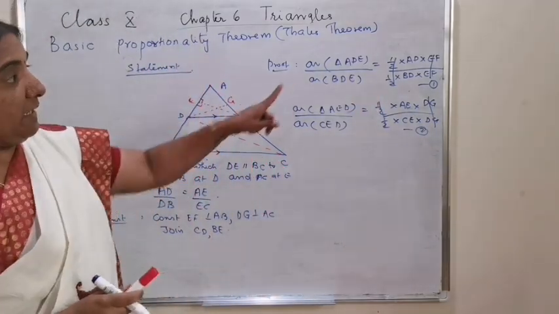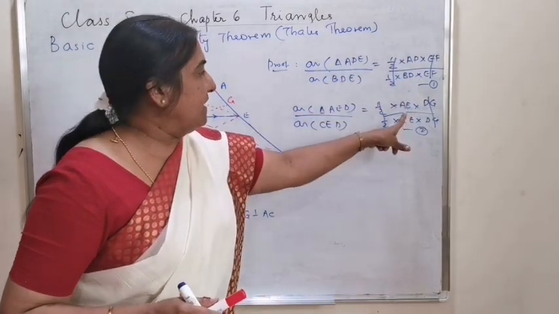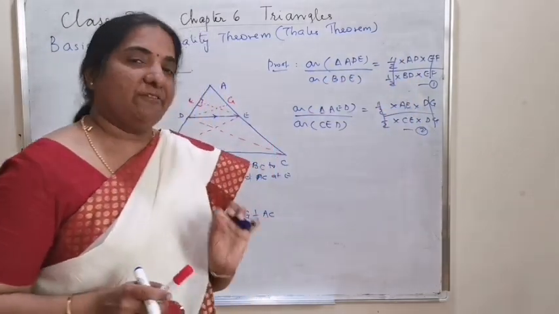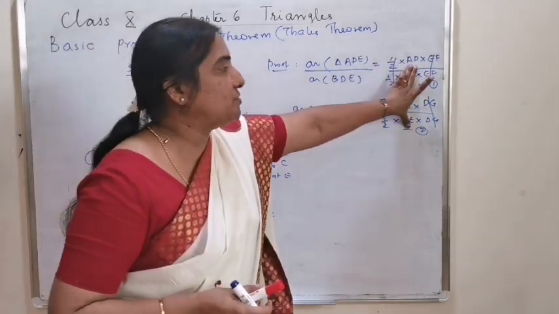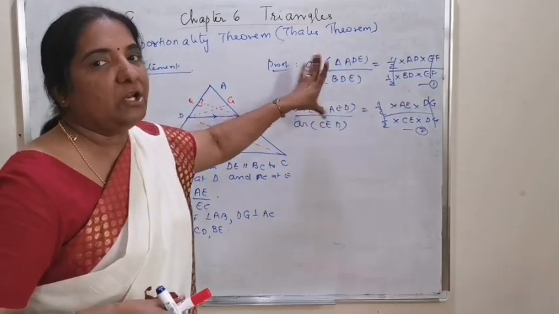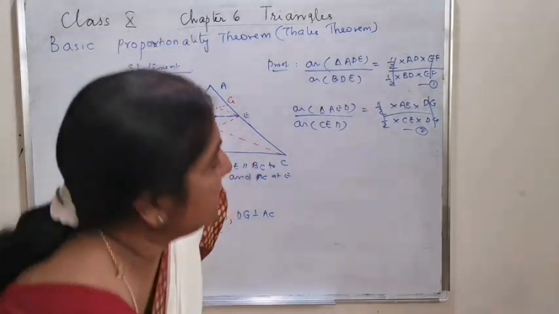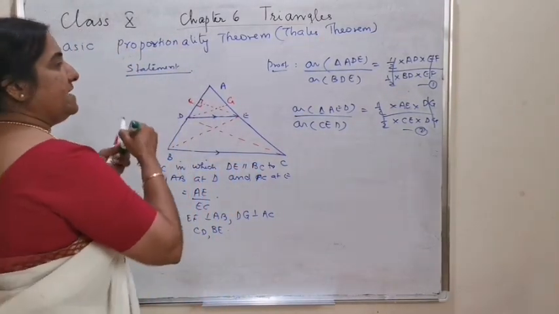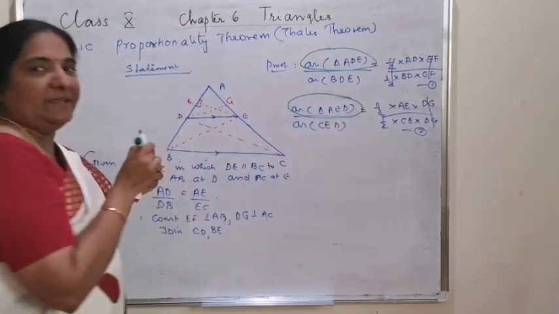Now, the right sides of the equations are AD by BD, and on the other side AE by CE. We have to prove them as equal. If we prove the left sides are equal, automatically they become equal. Look into triangle ADE and triangle AED.